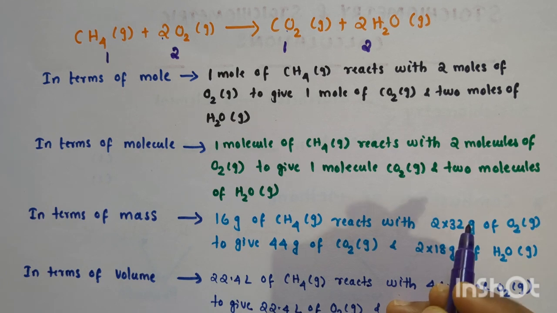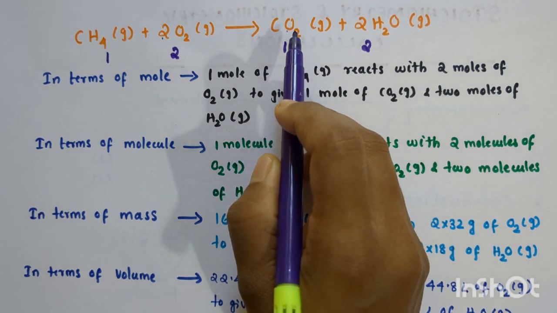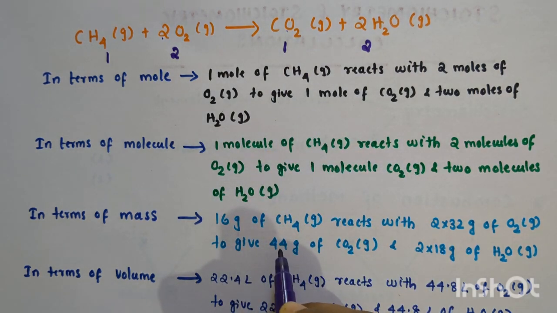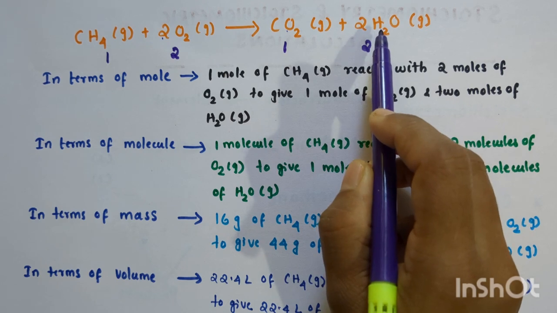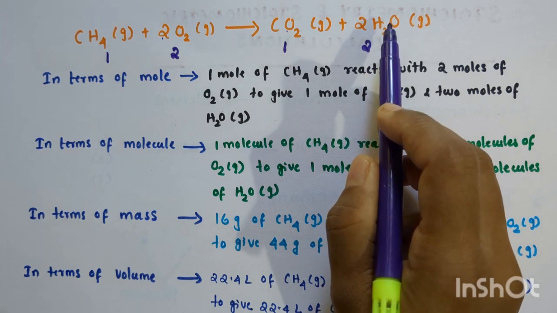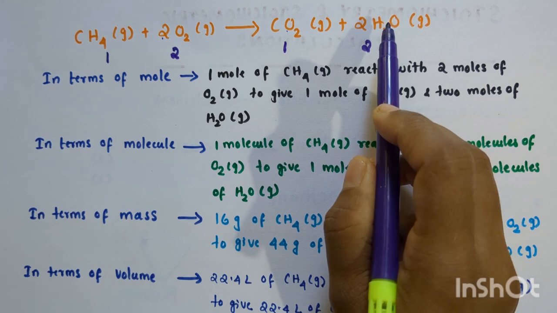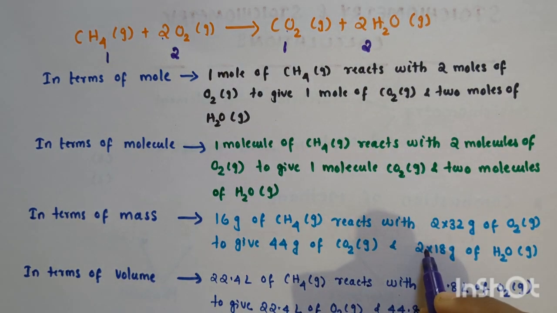Then for carbon dioxide, 12 plus 2 oxygens, 32, so 32 plus 12 is 44. Then for water, 1 hydrogen is 1, so for 2 it is 2, and oxygen is 16, so 2 plus 16 is 18. 2 such molecules are there, so not 2 plus 18, but 2 into 18, which is 36.